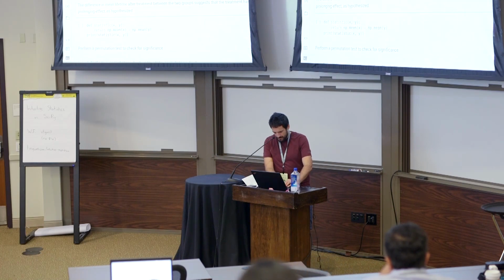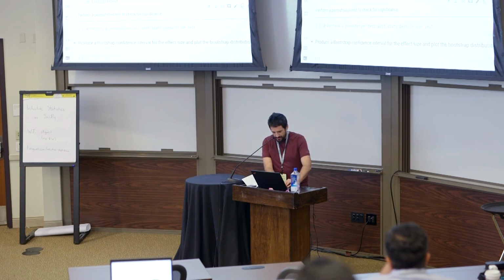Okay, we have an actual statistic here. The first step is a review: go back and perform a permutation test with stats.permutation_test. The second step is to do the bootstrap.